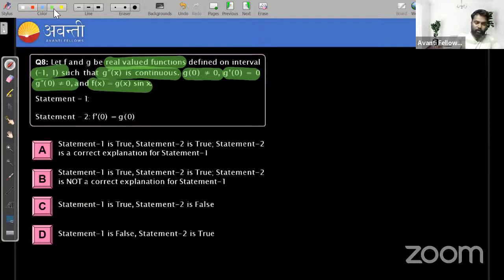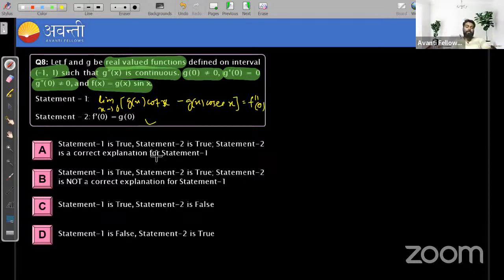Okay, the first statement is given that the limit as x tends to 0 of g of x into cot x minus g of x into cosec x is equal to f double dash of 0, right? And in the second statement, it is given that f dash of 0 is equal to g of 0.